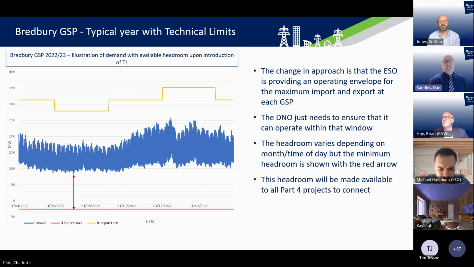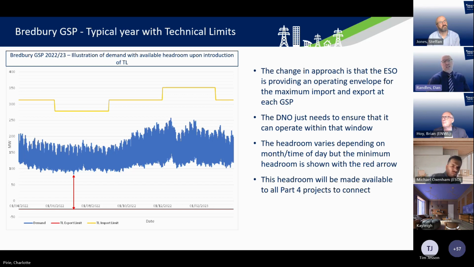What you can see in the red line towards the bottom there is essentially what is called the export limit. As more and more generation is connected to the distribution network, that has the effect of reducing the net power flows across the transformer. So what we would call the net demand is essentially reduced.